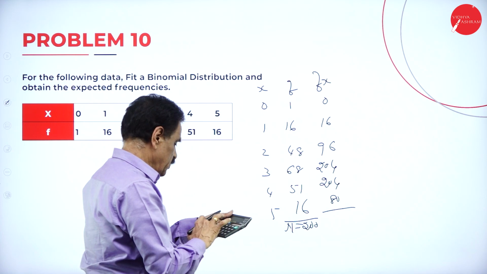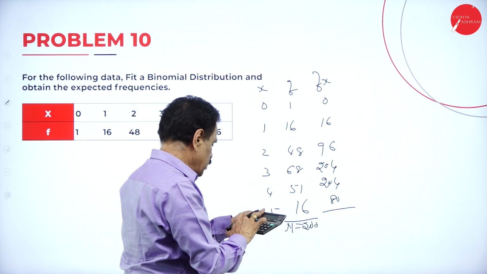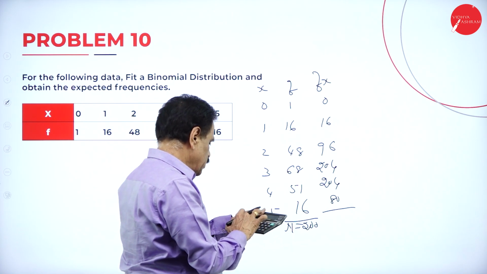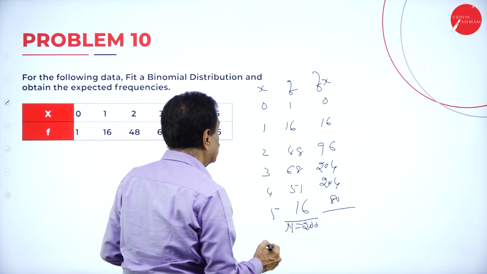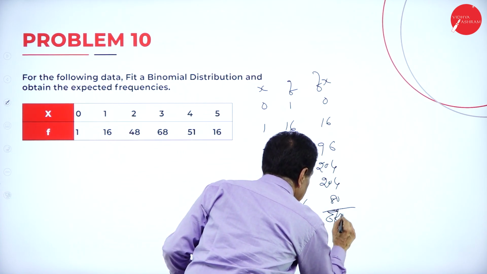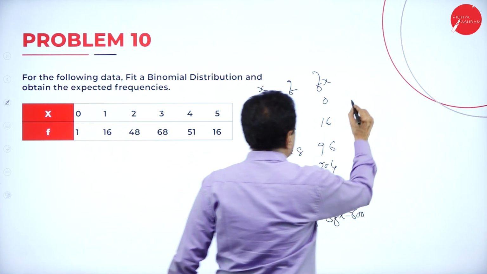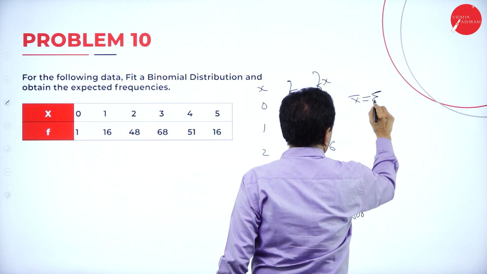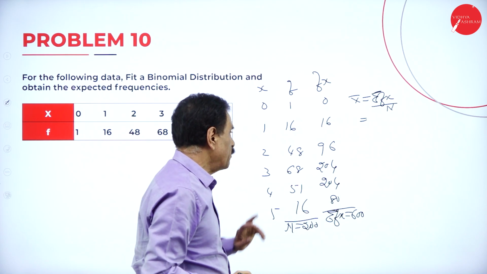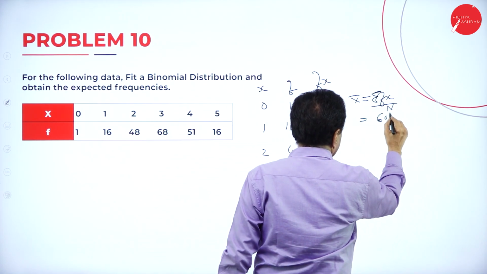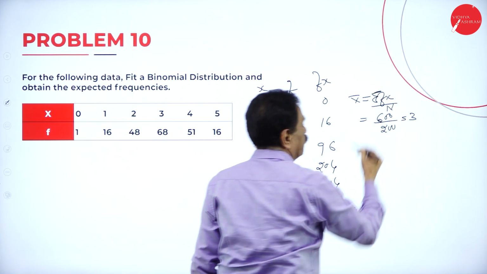Add the figures. 16 plus 96 plus 204 plus 204 plus 80 is 600. Sigma fx is 600. Then mean is equal to sigma fx over n. What is sigma fx? 600 divided by 200. It is 3.